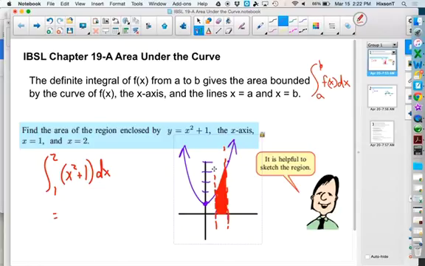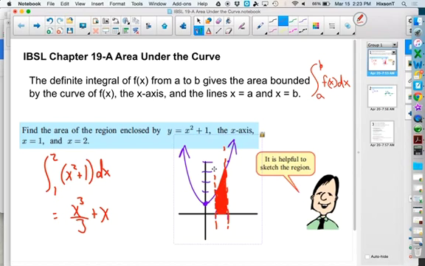What's the integral of x squared plus 1? Come on, we know this. The integral of x squared plus 1? It's plus 1x, good. And for x squared, you do x cubed over 3, because you add 1 to the exponent and divide by the new exponent.